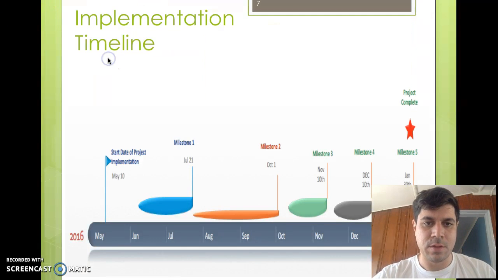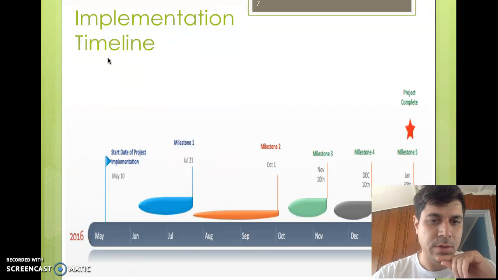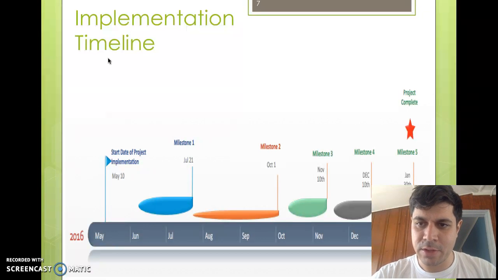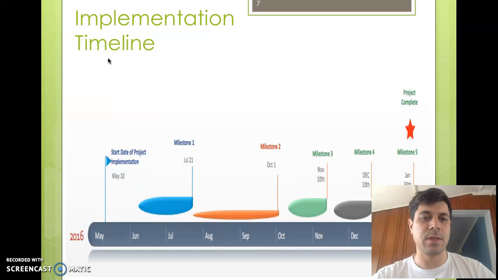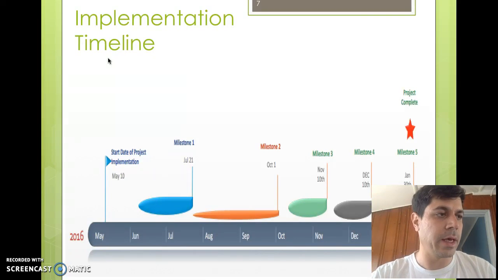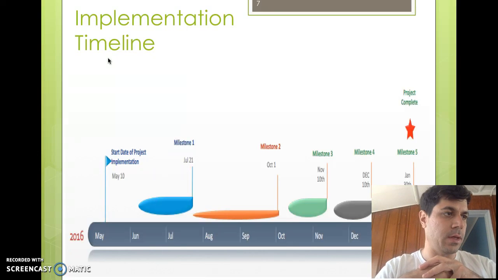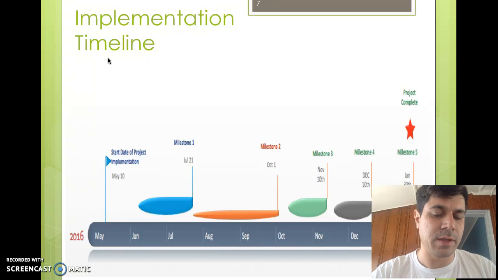Now, there's not much time, but this is the implementation milestone timeline. We're trying to complete the project by January 30th of 2017, and we're going to kick off with our start date and then try to implement the solution.